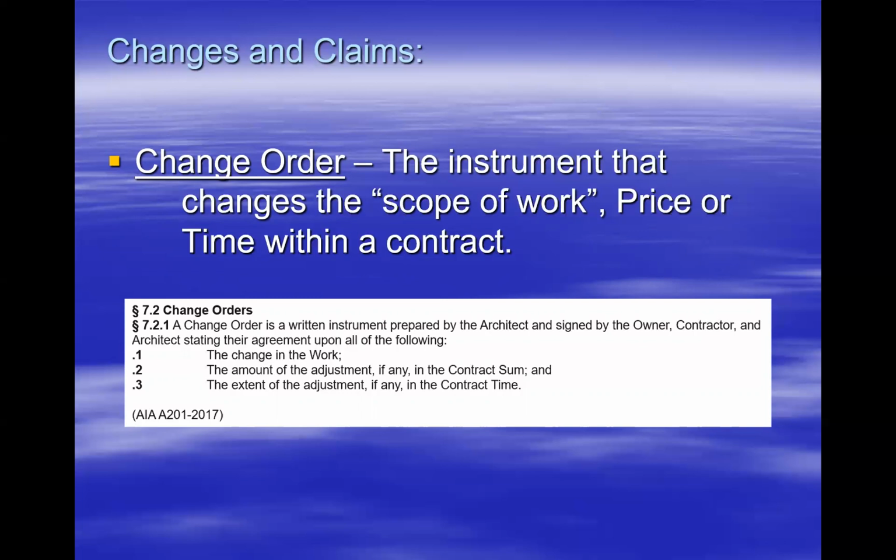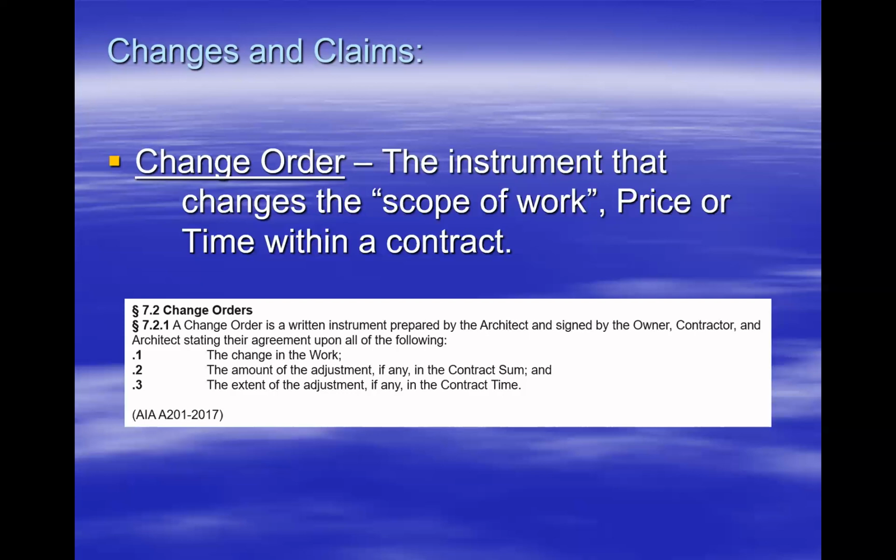So as we've talked before, and I'll state it again, let's start with contracts. In your contracts, it has a bunch of terms and conditions, but the three main things we often focus on is the scope of work, the contract sum, and the contract time.